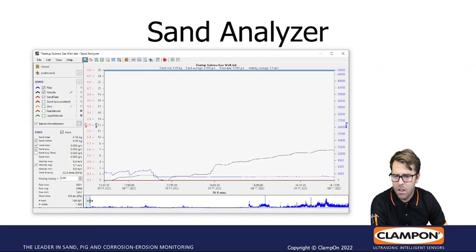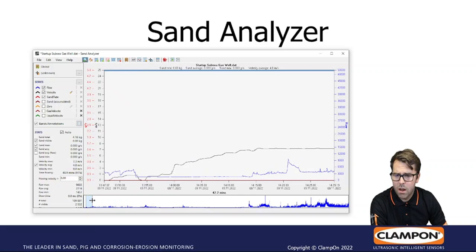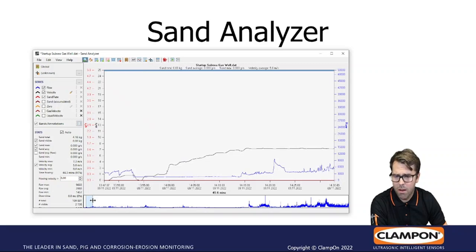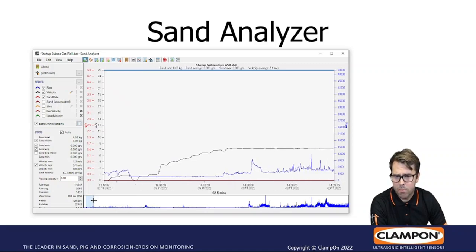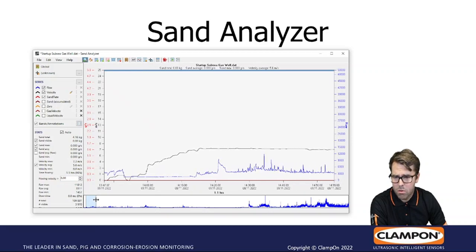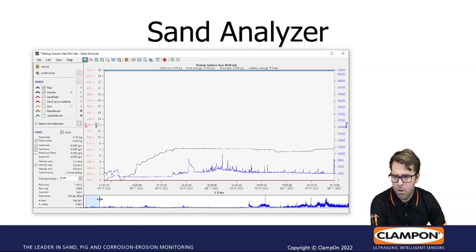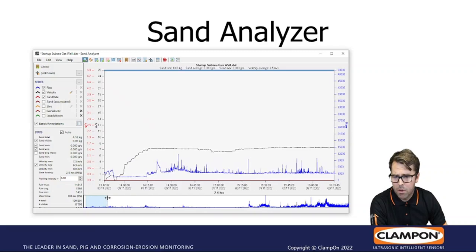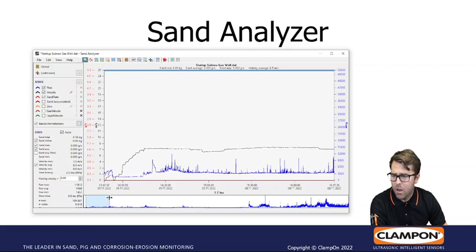As you see here, when I start up, you suddenly get some response on the blue line. That's a good sign. The microphone has contact with the flow line, and there are things happening in the flow line. These amplitudes going up show that there are traces of sand coming up, but not much. This is a gas well, and the velocity is about 8 meters per second.